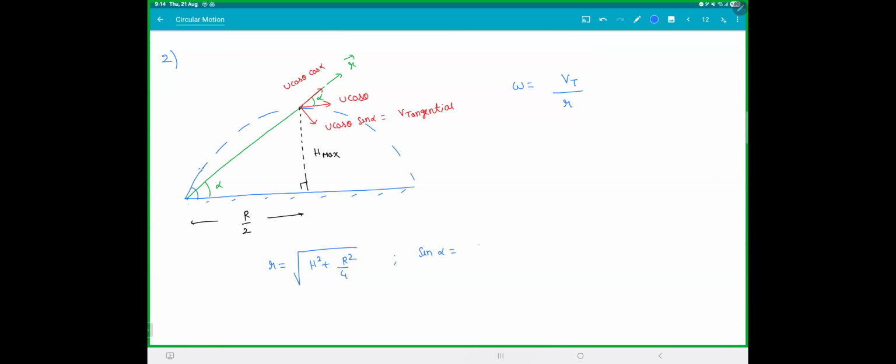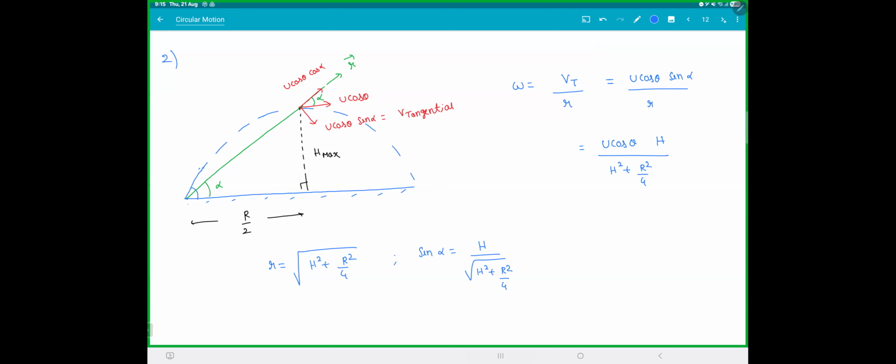Sine alpha will be the opposite side, which is h max by root over h square plus R square by 4. So if you substitute everything here, we get u cos theta sine alpha by r, which is u cos theta times h by root over h square plus R square by 4.